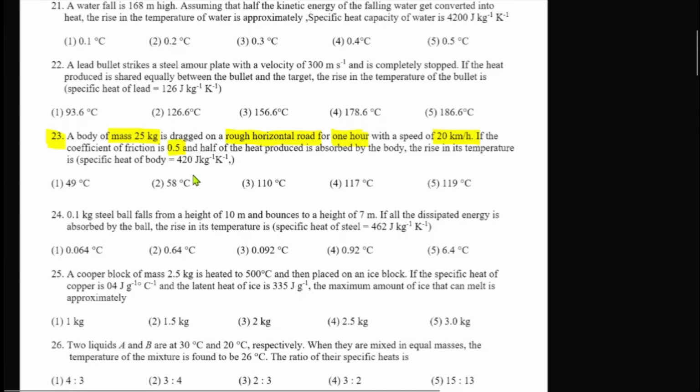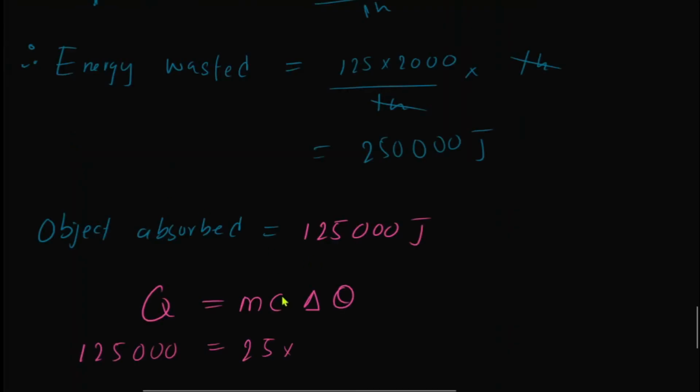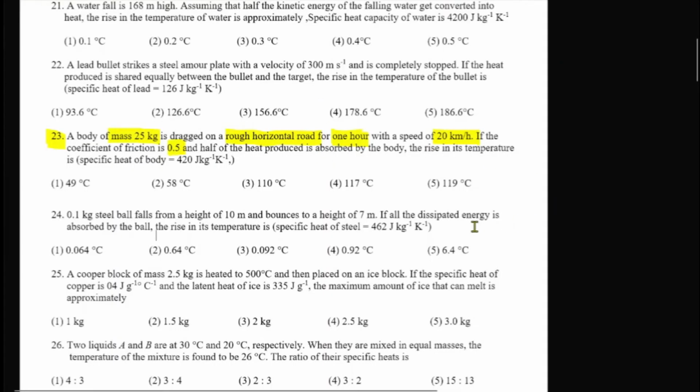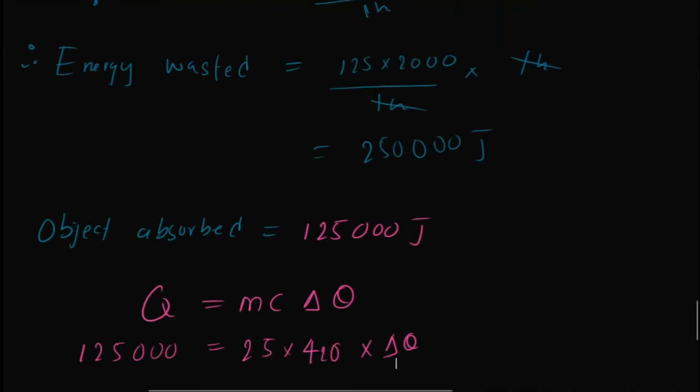The specific heat capacity of the object is 420, into delta T. If you simplify this, dividing by 25 and 420, you're going to get something closer to, let me check.